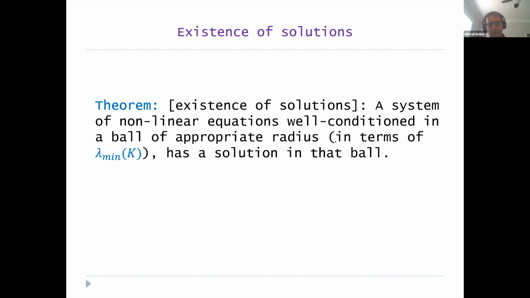So now we reduce the existence of solutions to just checking that lambda min is bounded away from 0 in that ball. The radius of the ball depends on lambda min. I'll have something for SGD when I have this explicit, but I don't know the right formula. Basically, the smaller lambda min is, the larger the ball needs to be.